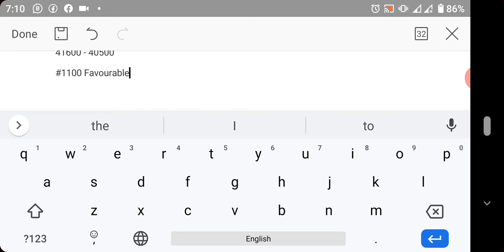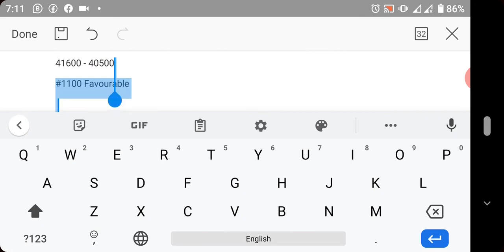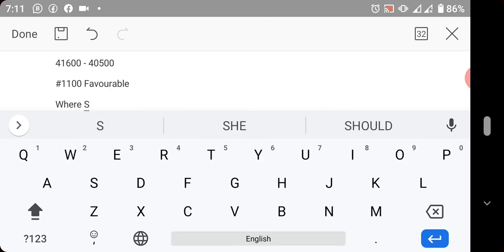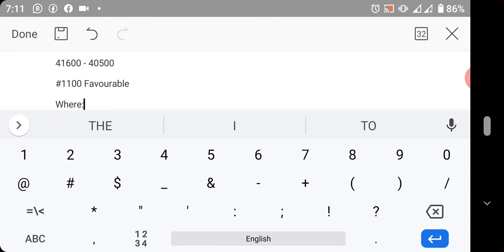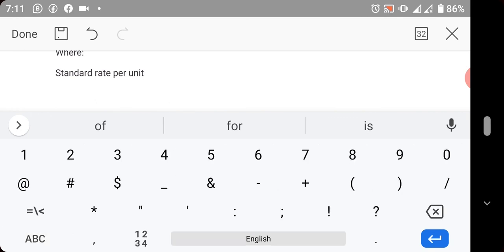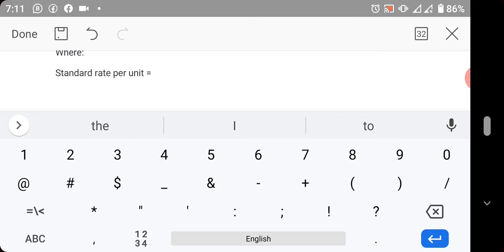It's favorable. So I haven't gotten our fixed production overhead. Now let me show you the workings of how we got the standard rate. So we'll come down here, where standard rates per unit is equal to the value, 40,000.